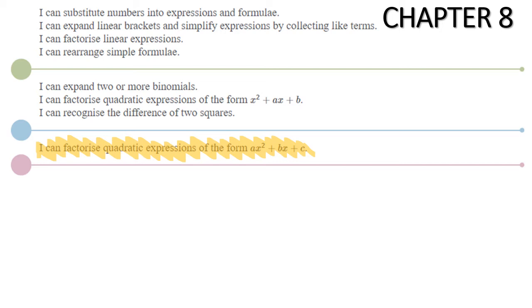So not ones that are just like x squared plus 2x minus 9, but where this number might be a 2, or it might be a 3, or I don't know, a 6. Yeah, so ones where it's not just x squared at the front, and this has got a slightly different method. So we're going to go through how we do this. So we'll do a couple of examples, I think.